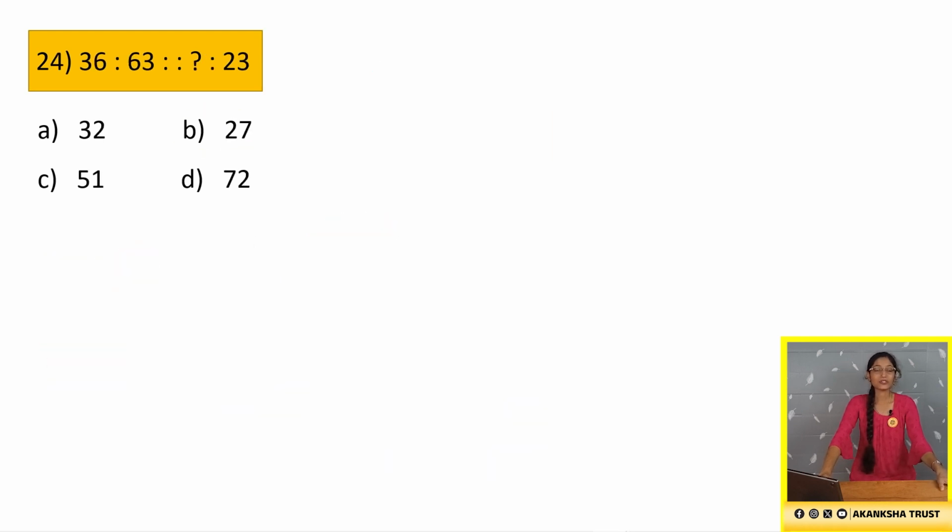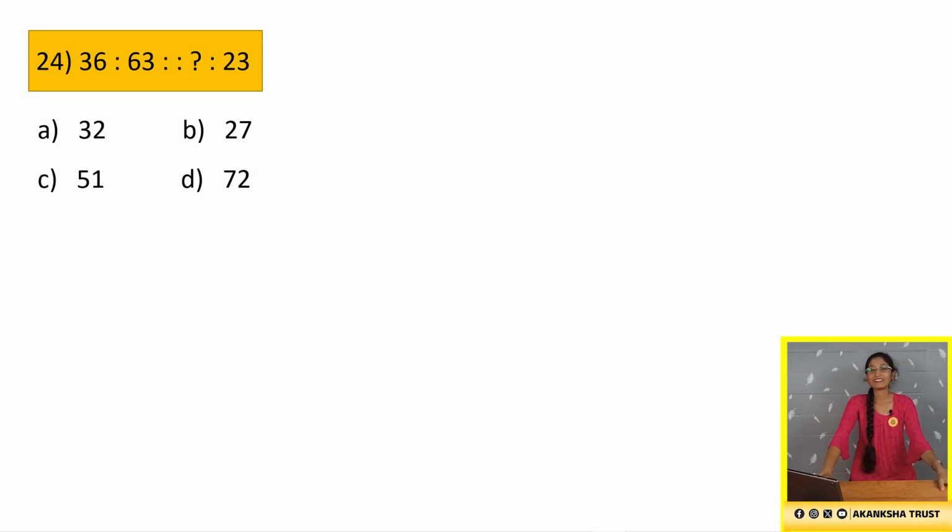Moving to question 24. Look here. 36 and 63. Can you find some relation between these? Very easy, isn't it? It's like a game. See, 63 is the reverse order of 36, reading it from the back side or right side.